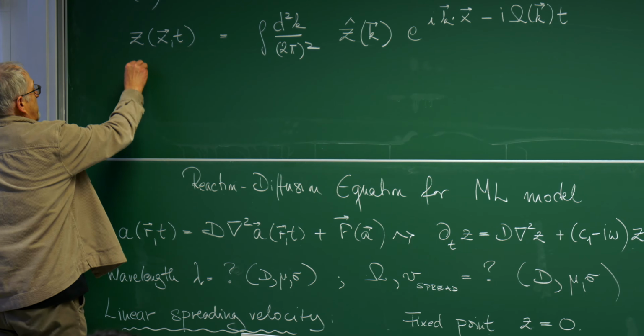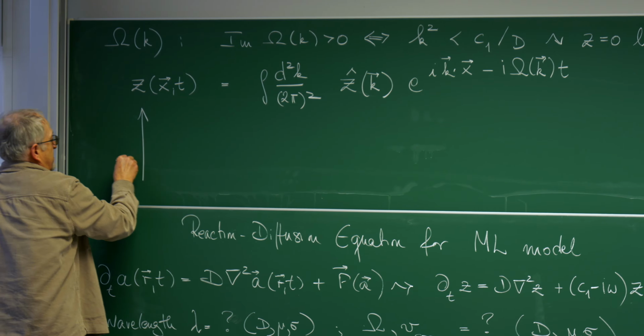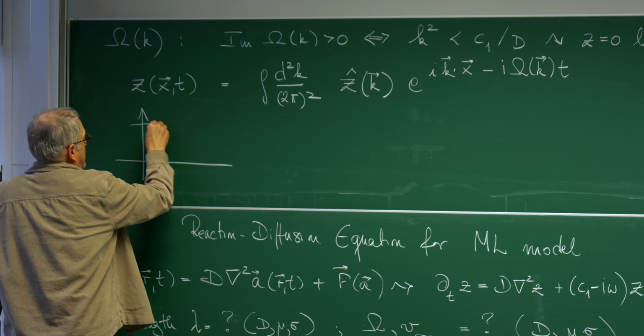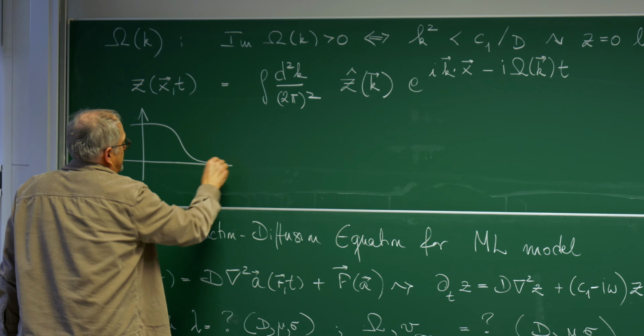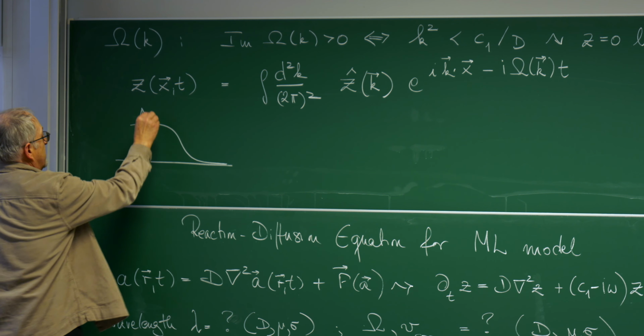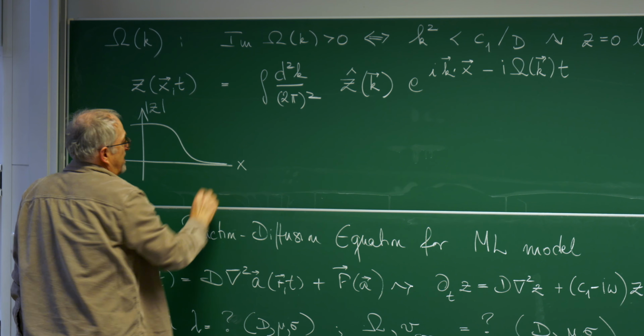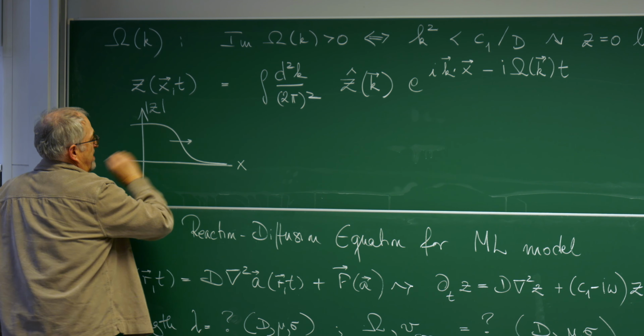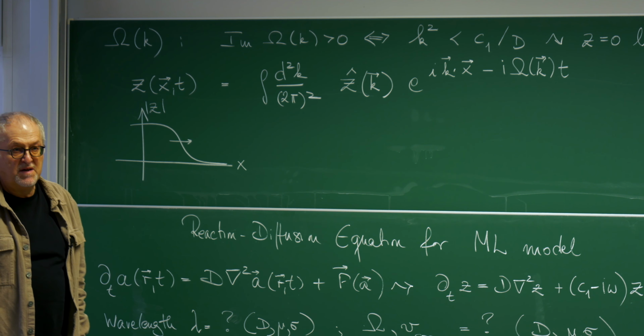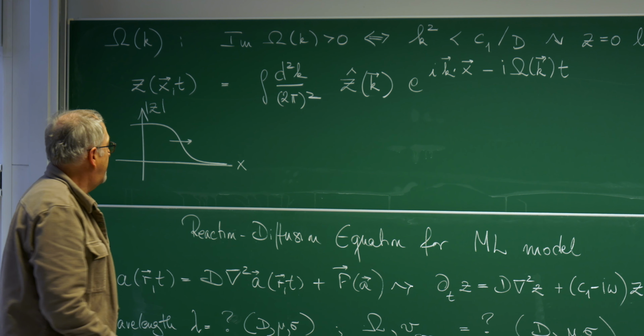So keep in mind that we are constructing a solution which is such a front for z as a function of x. And when this front has a certain velocity v, then we can go to the co-moving frame.